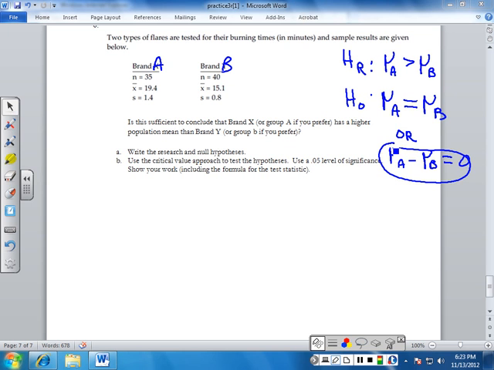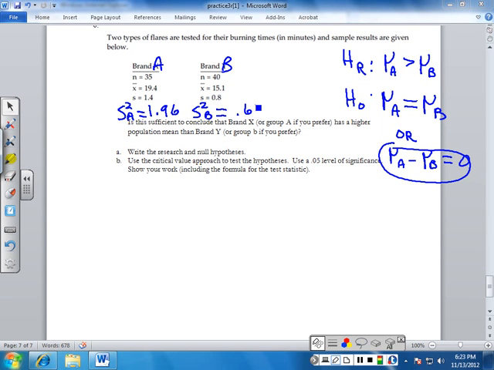So I need squared values. So 1.4 squared, that's 1.96, isn't it? Someone check me on that. And S squared B, 0.64.